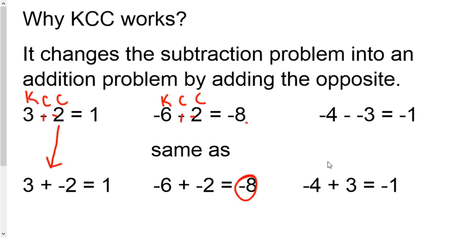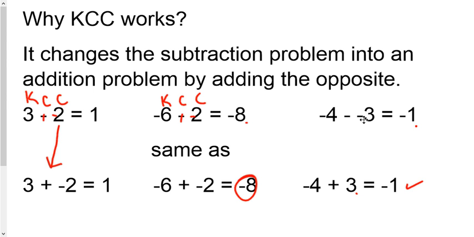And so we'll look at this one more time. This looks like a hideous problem. Negative 4 minus negative 3 equals negative 1. A lot of people can't see that it would equal negative 1 by just looking at it. However, I think a lot of people when they look at -4 plus +3, go, yeah, that puts me at -1. I think it's easier to see with this.